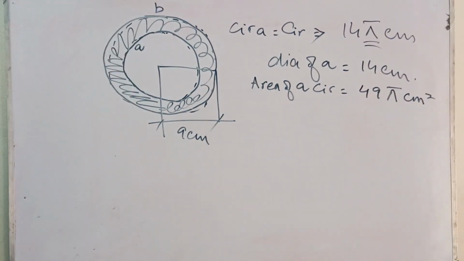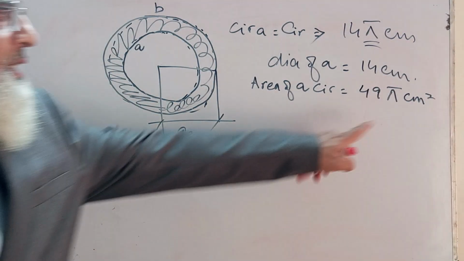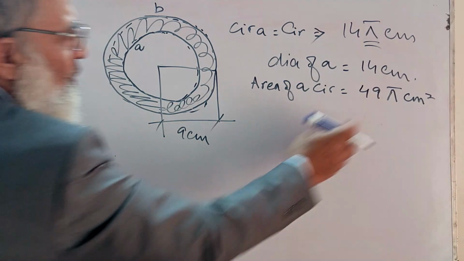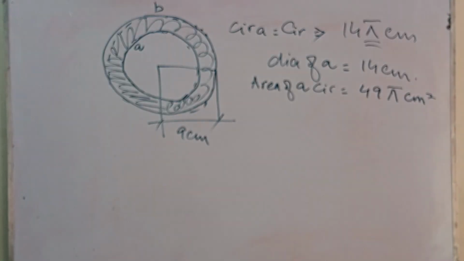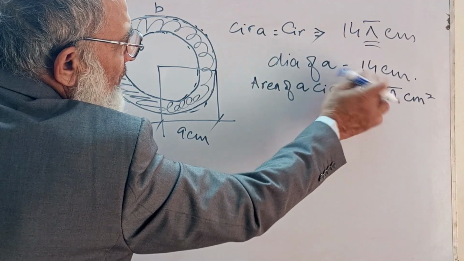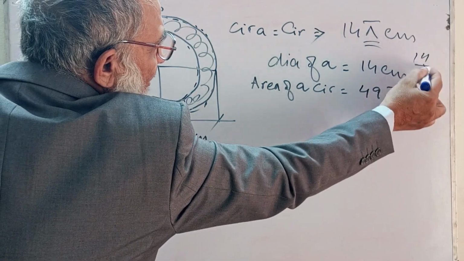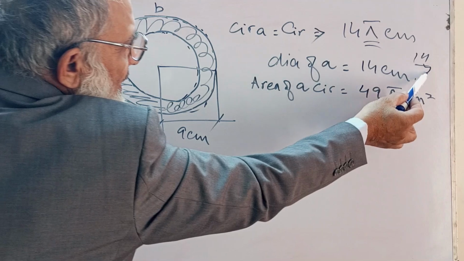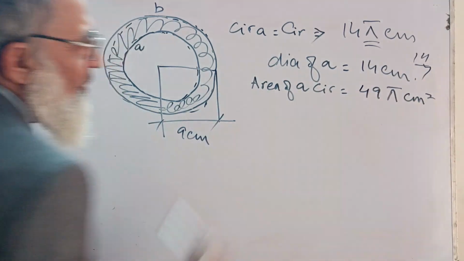centimeter square, because we have to find it in terms of pi, as in the whole exercise we don't have to manipulate the value of pi. Half of 14 is 7, and 7 square is 49.